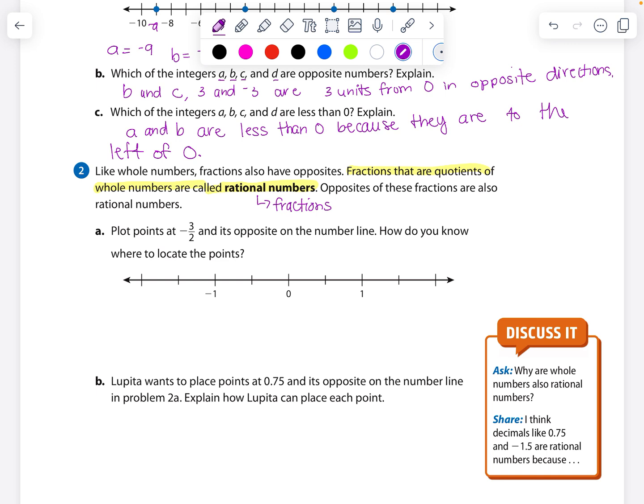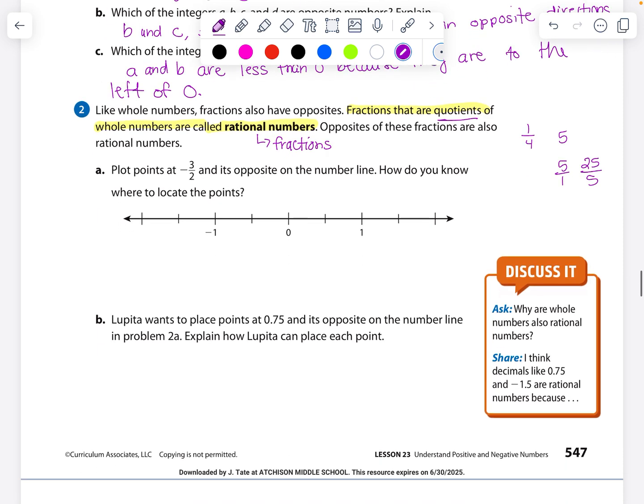Often when we talk about rational numbers, we're really thinking of an actual fraction like 1/4. However, 5 can be turned into a fraction by putting it over 1, or 25 over 5 is also equal to 5. Remember, quotient means division, and that fraction line is also a way to symbolize division. You're dividing it up into so many parts. So we've got that new vocabulary word, rational numbers, or otherwise think of them as fractions.